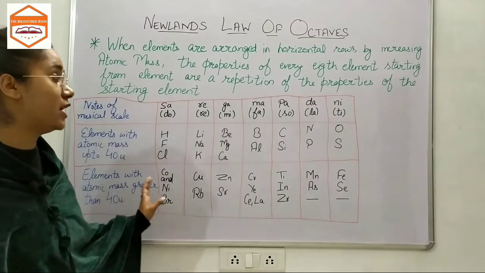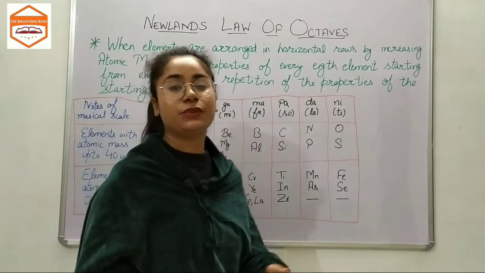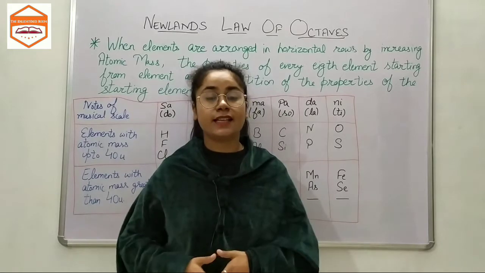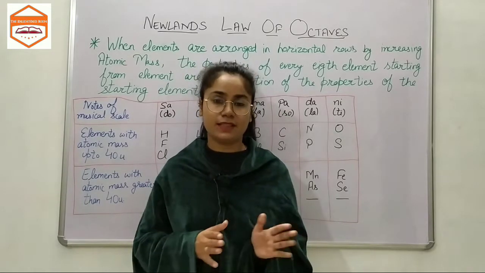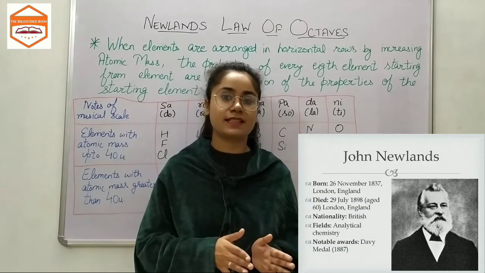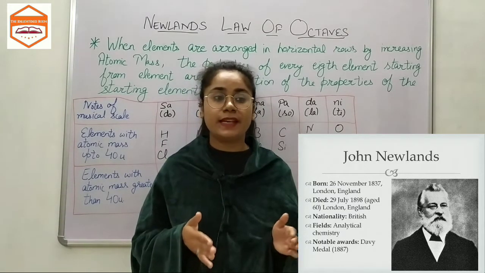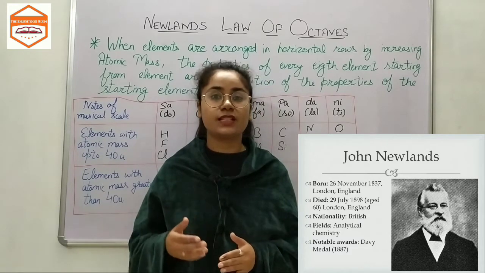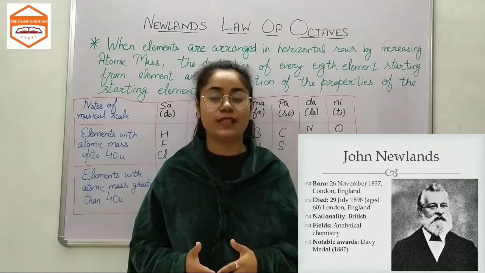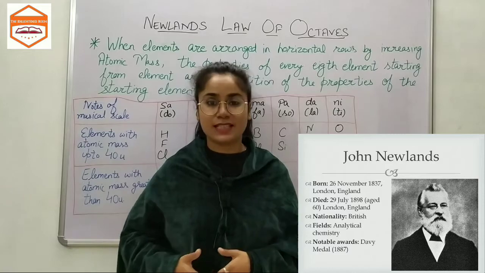So this is also one of the limitations of Newlands' Law of Octaves. Although this idea had many limitations, it was discovered in 1866 and its limitations were known after so long, and in 1887 the Royal Society of London recognized his work and awarded him the Davy Medal.